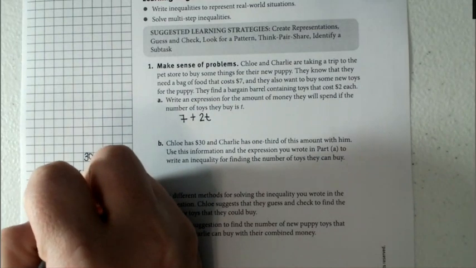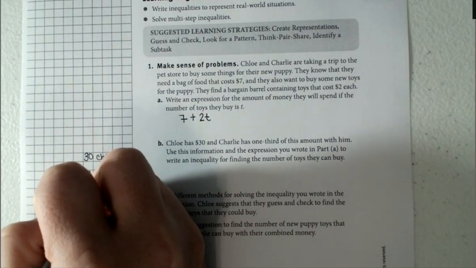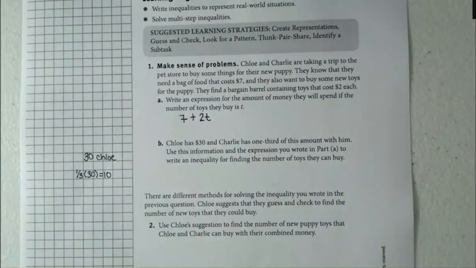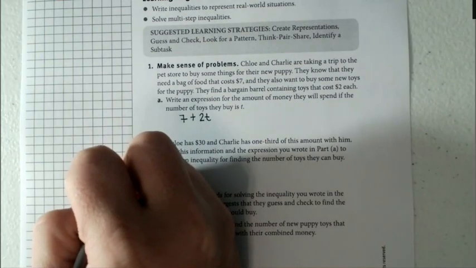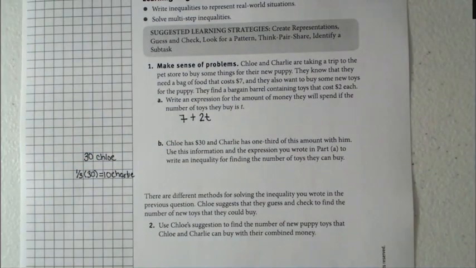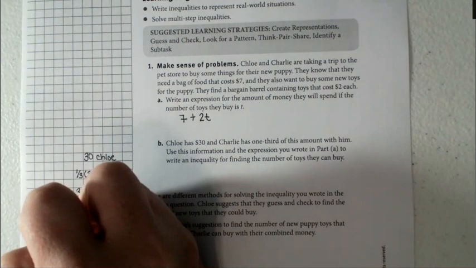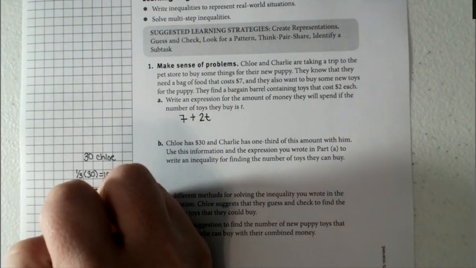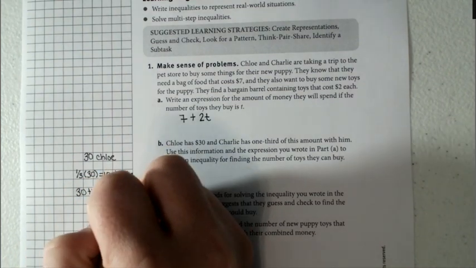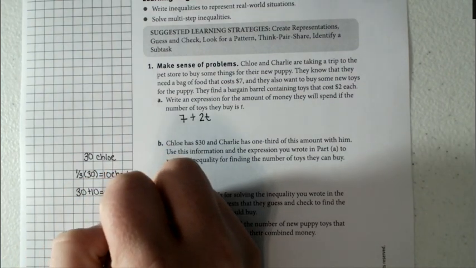Well, what is 1/3 of $30? You're right, 10. So Charlie has $10. How much do the two of them have together? You're right. 30 plus 10 does indeed equal $40 together.